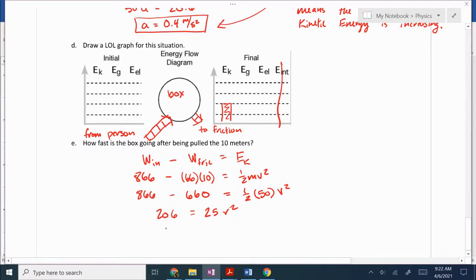It's going to give you 8.24 equals v squared. Square root both sides, v equals 2.87 meters per second.